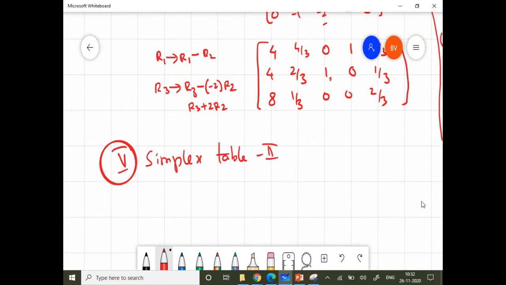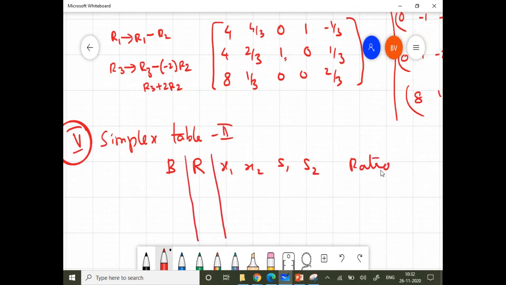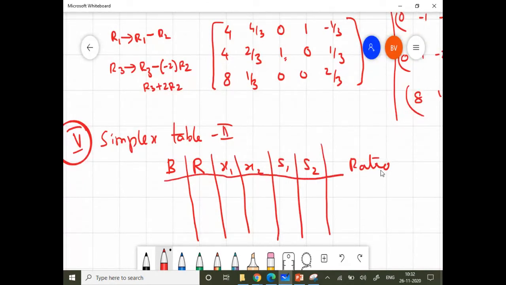We are going to fill these values in the simplex table as they are taken. First column is basic variables, second column is right hand side value, variables x1, x2, s1, s2, and ratio to be found if there is any. Okay, so these are our columns.